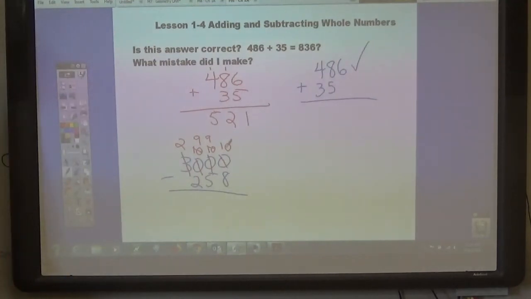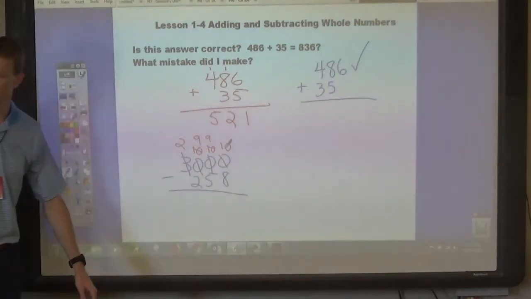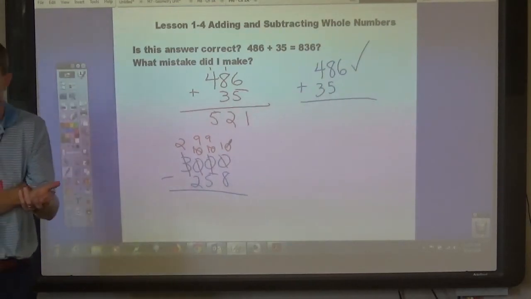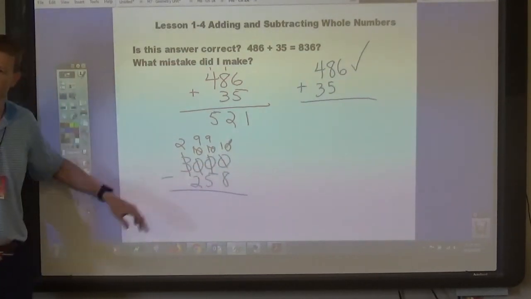Now, what does this mean? 2, 9, 9, 10. It's very important to understand what we've done with this number. What does regrouping mean? Who can explain what we've done here?